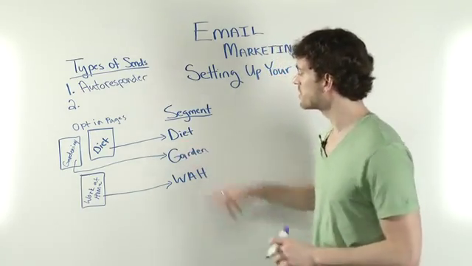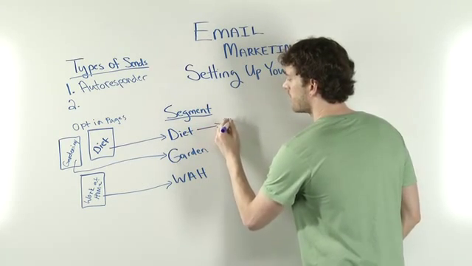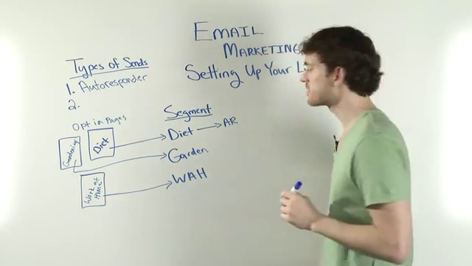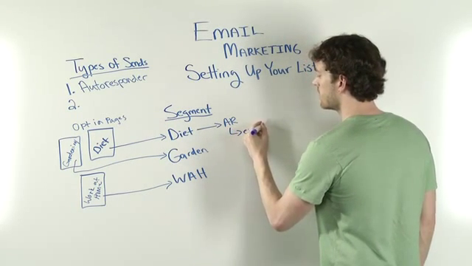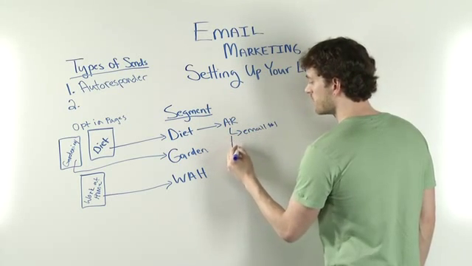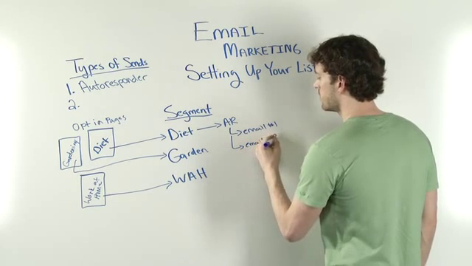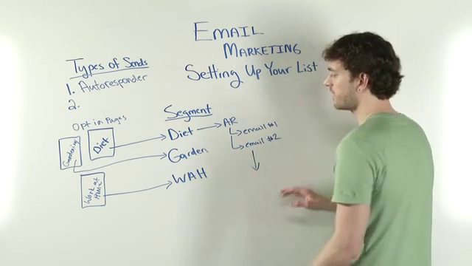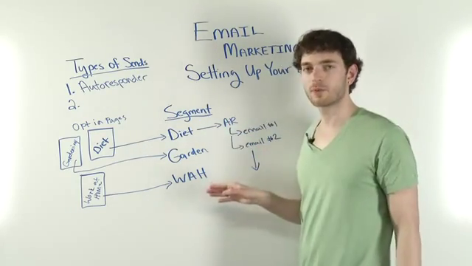So your dieting list would automatically hit your autoresponder for that list, and it would begin to send out email number 1, then email number 2, etc., all the way down the list. This is how the autoresponder works.